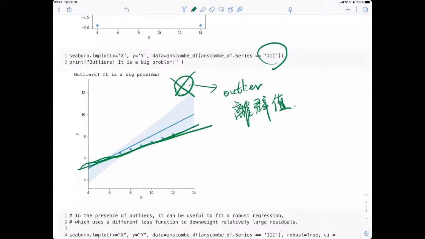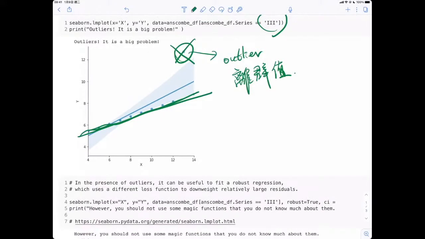For example, a person's height is originally 150 centimeters, but you wrote 150 inches. There's some problem when you collect the data. So you have to clean those data before you try to analyze it. Then you can get a better model. So you have to specify those outliers. We will cover some outlier detection algorithms in the future.